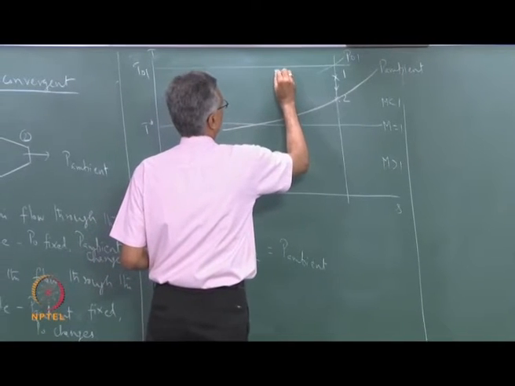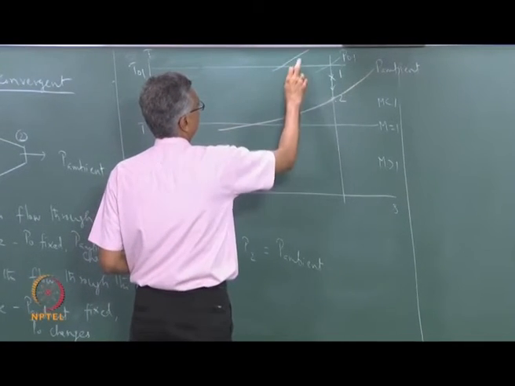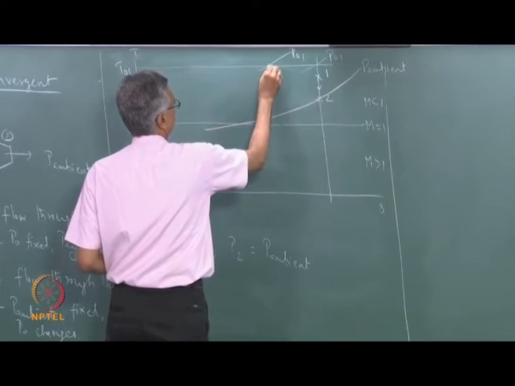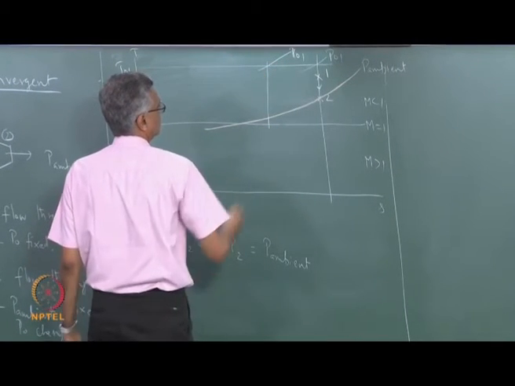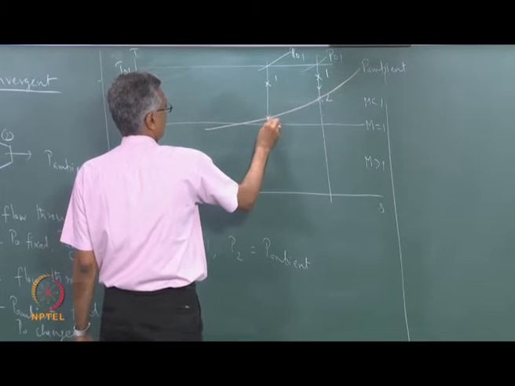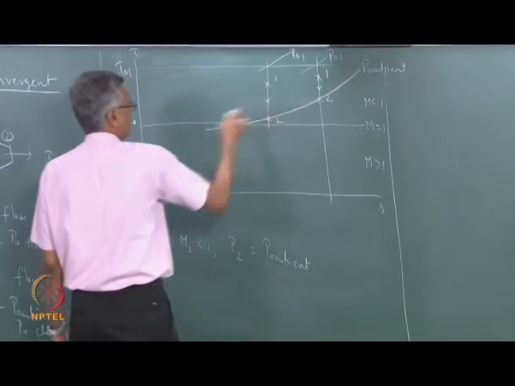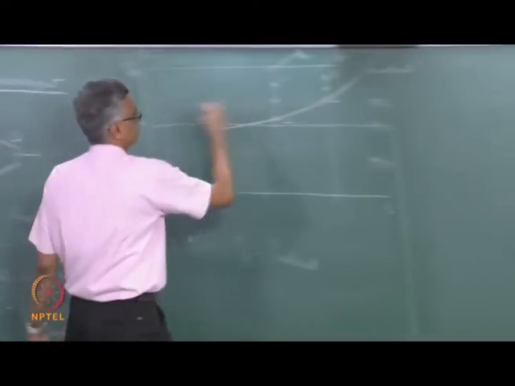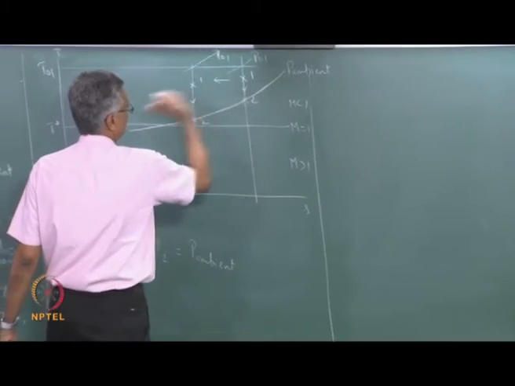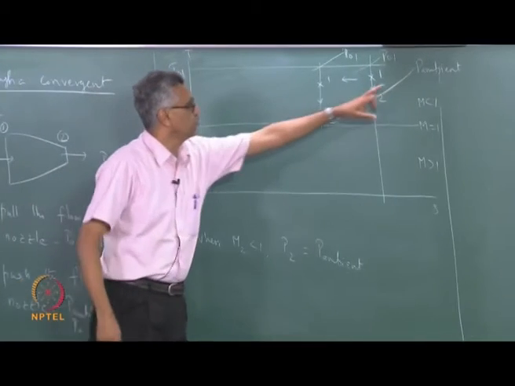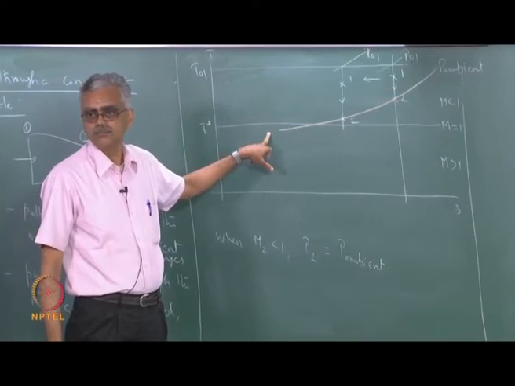I operate at a different value of inlet stagnation pressure P01, and so my inlet state may be something like this and my outlet state will be something like this. So I now have expansion like this. I have increased the stagnation pressure, so I am actually going this way, but the exit state continues to lie on the P ambient isobar.